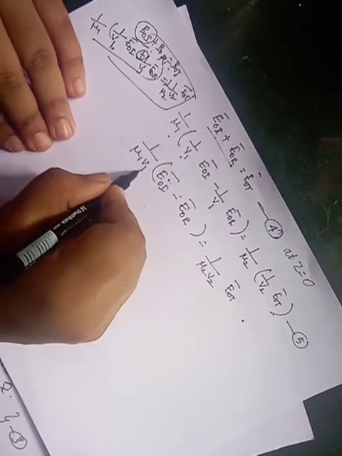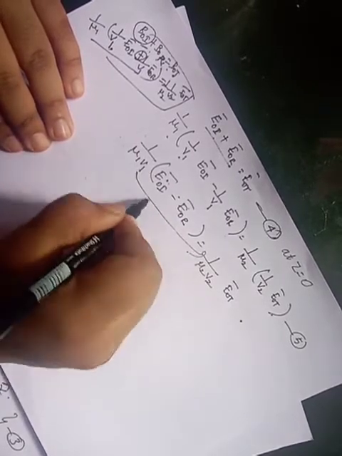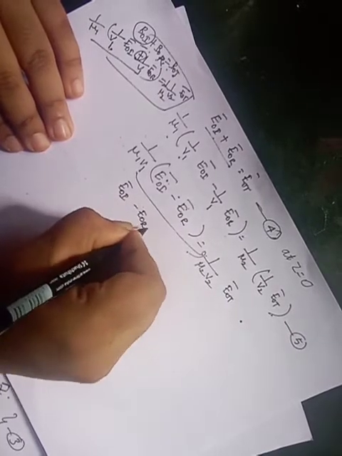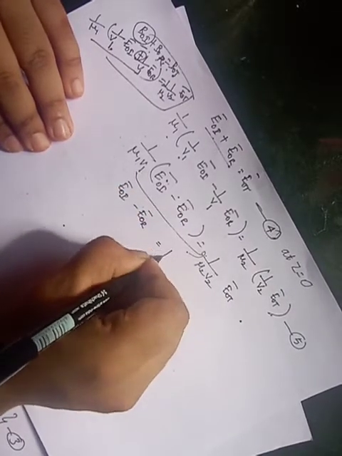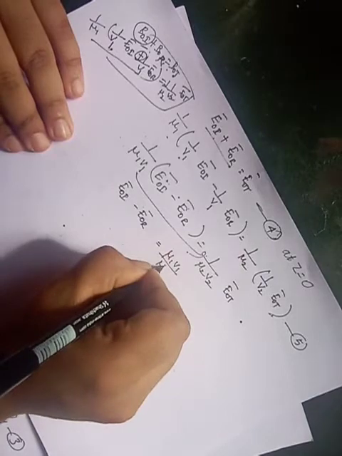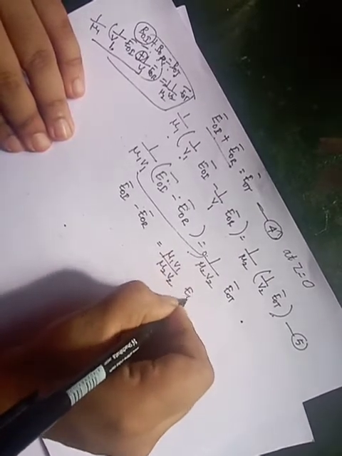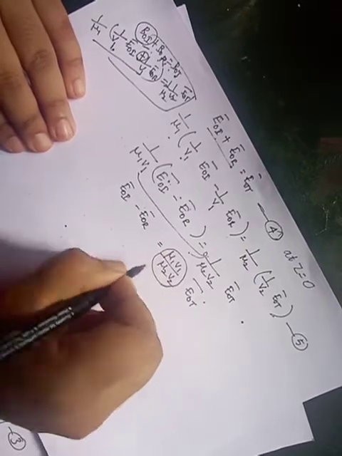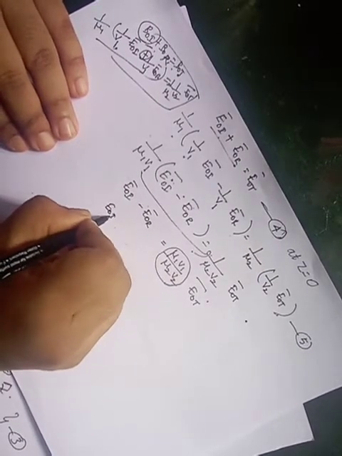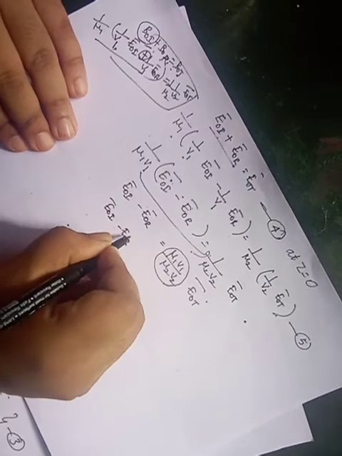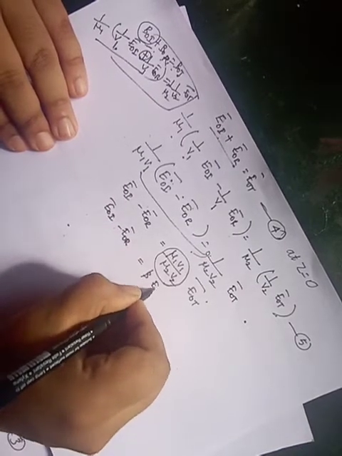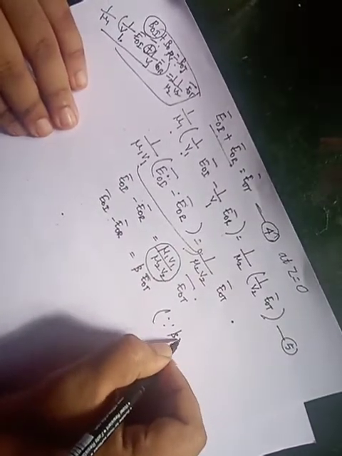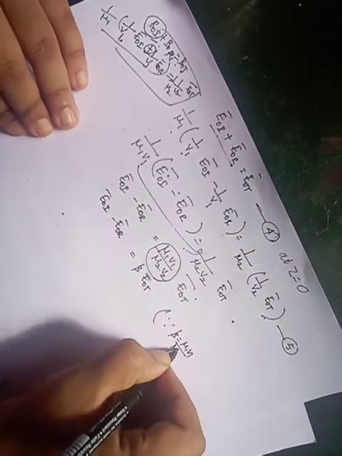Now we are going to write this term on the right hand side. It will go to the numerator, that is E naught I minus E naught R equal to mu 1 V1 divided by mu 2 V2 into E naught T. We are going to write this term as beta, that is E naught I minus E naught R equal to beta E naught T, where beta is equal to mu 1 V1 by mu 2 V2.